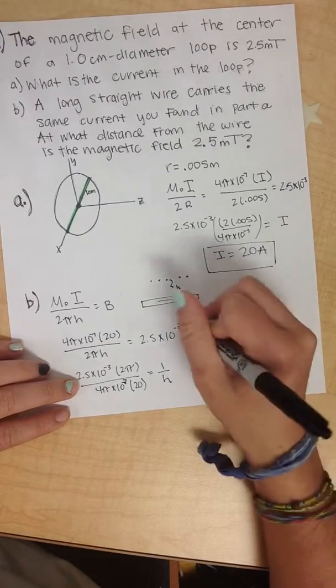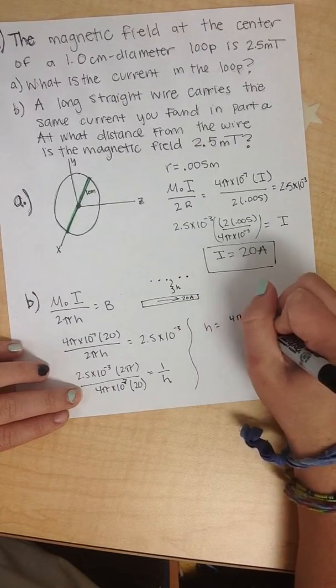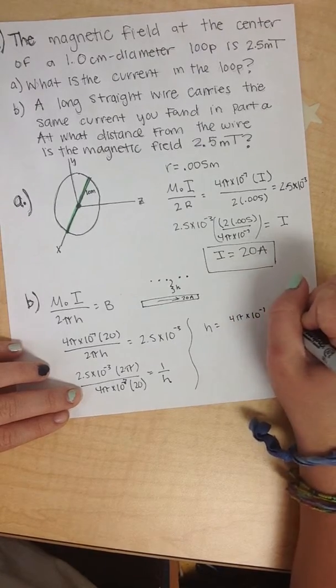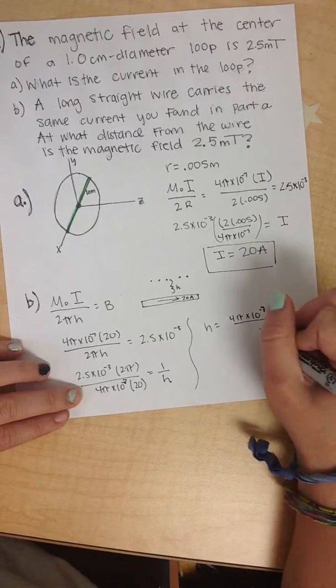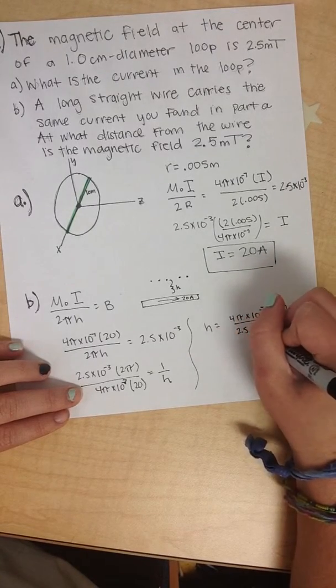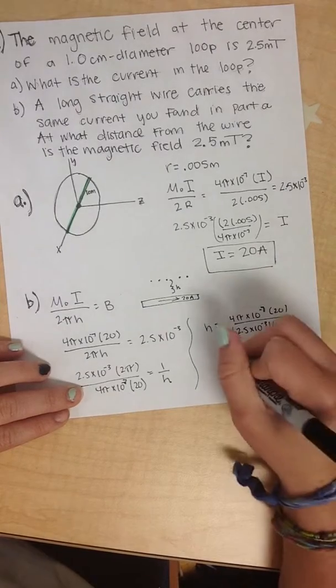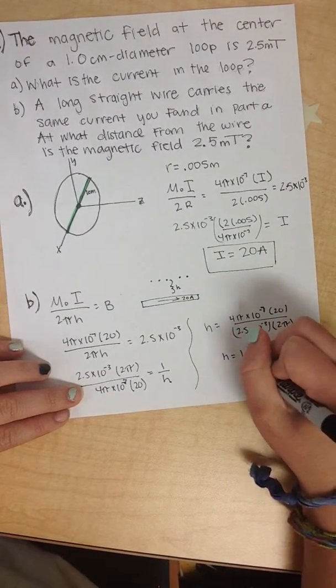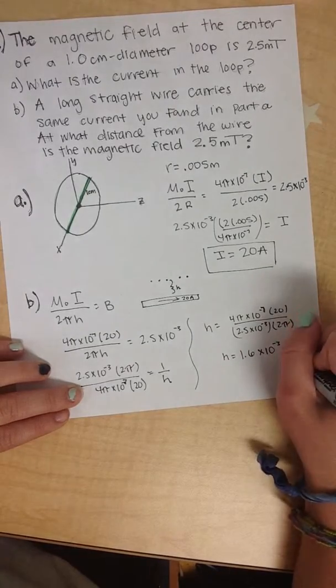So then h equals 4 pi times 10 to the negative 7th times 20 over 2.5 times 10 to the negative 3rd times 2 pi. And this will ultimately give us 1.6 times 10 to the negative 3rd meters.